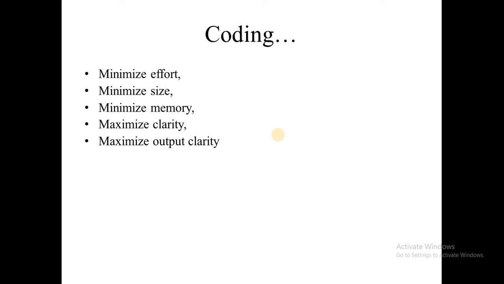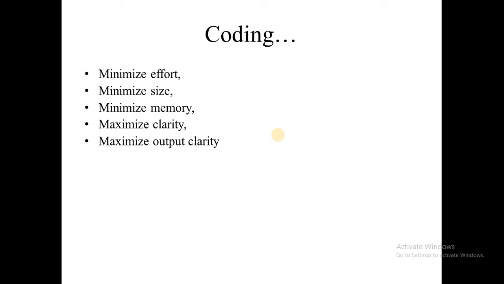Other important factors in coding: it should minimize the human effort. It should not affect the testing and maintenance phases, so it should make the tester's and maintainer's jobs easier. It should not consume much human effort. It should also minimize the size, meaning the software size, because as software size increases, it obviously consumes more memory.